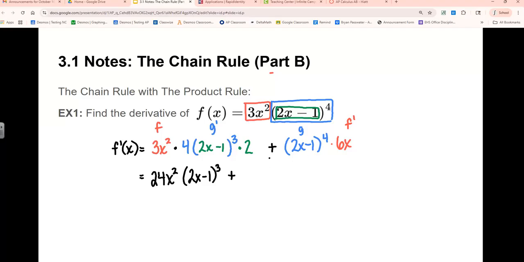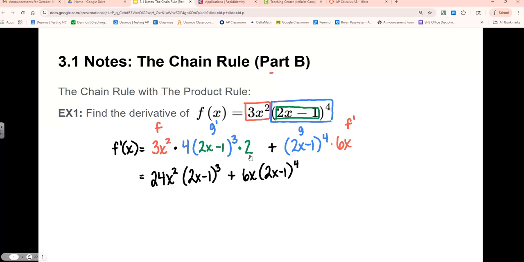Plus, they're probably just going to write the 6x up front here, and then 2x minus 1 to the 4th power. They will probably not stop here. If it is a multiple choice question, they're not going to quit at this point.